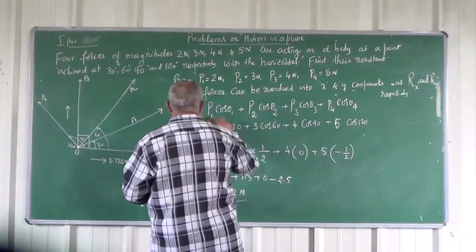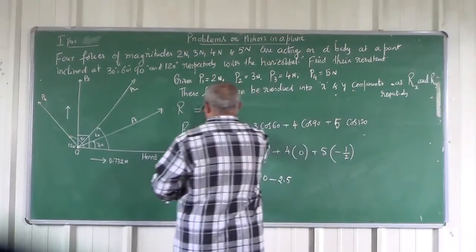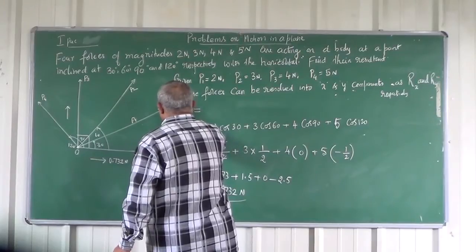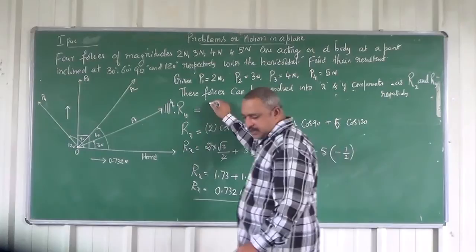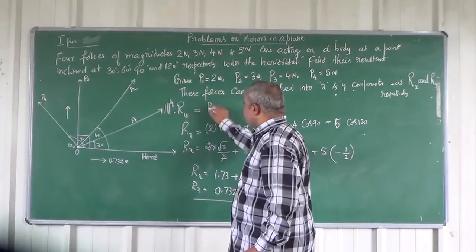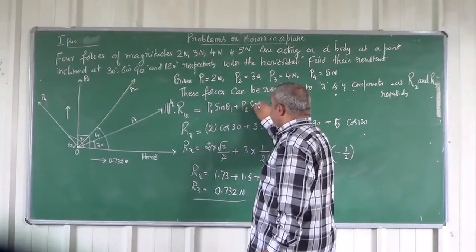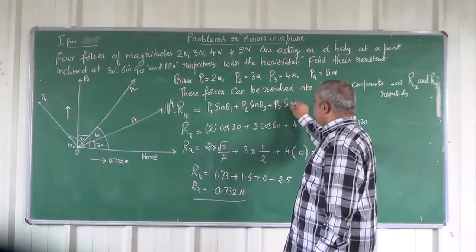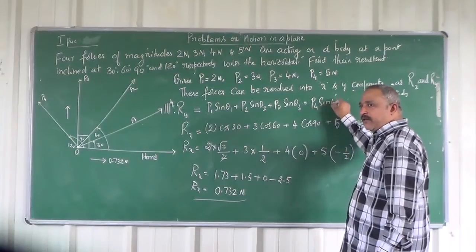Similarly, Ry equals P1 sin theta 1 plus P2 sin theta 2 plus P3 sin theta 3 plus P4 sin theta 4.